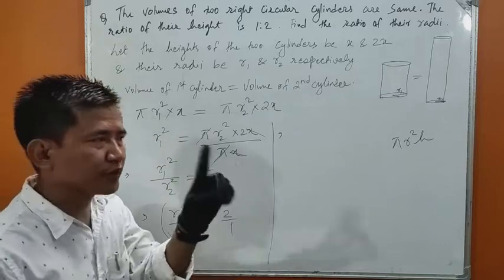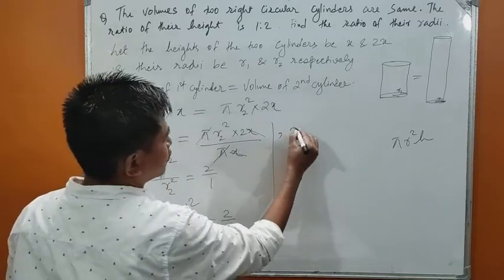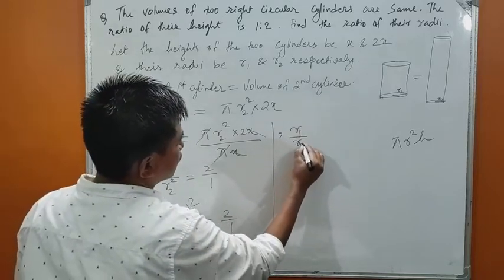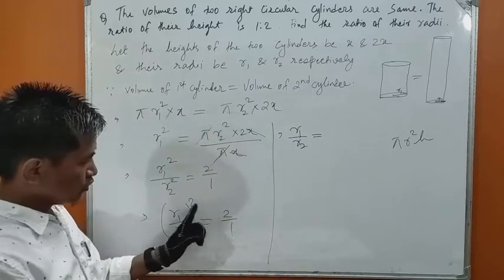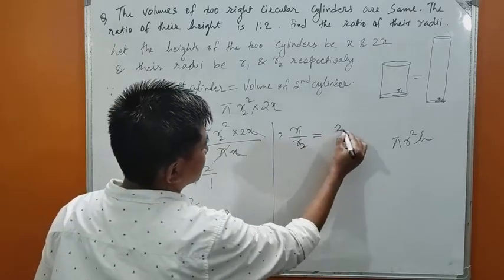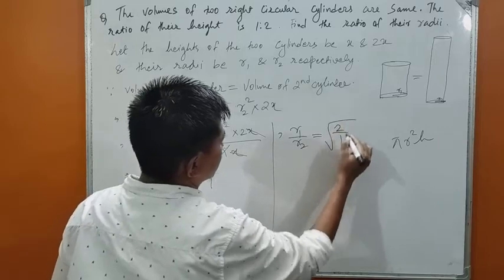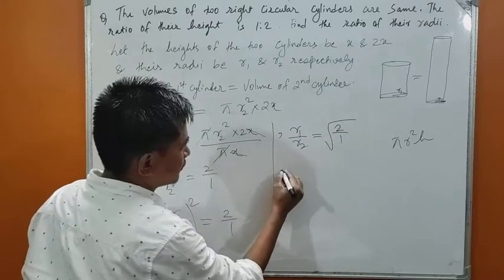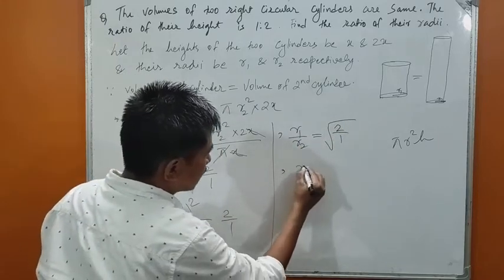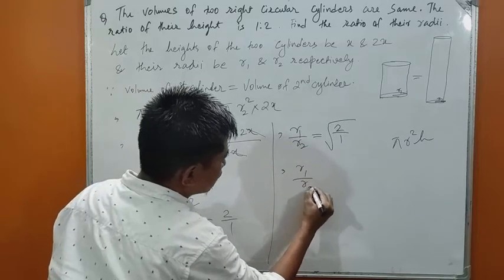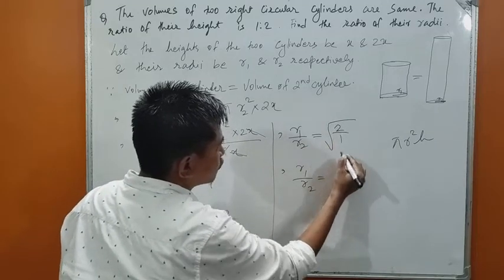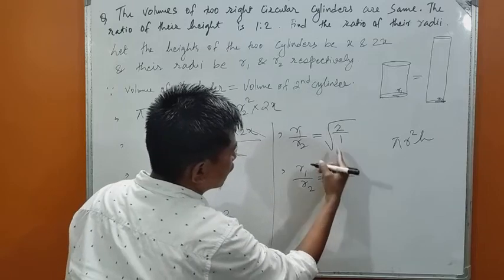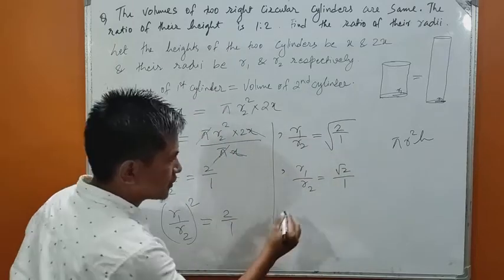What does it become? It becomes root, isn't it? So r1 by r2 equals root under 2 upon 1. This gives us r1 upon r2 equals root 2 upon root 1, and root 1 means 1, isn't it?